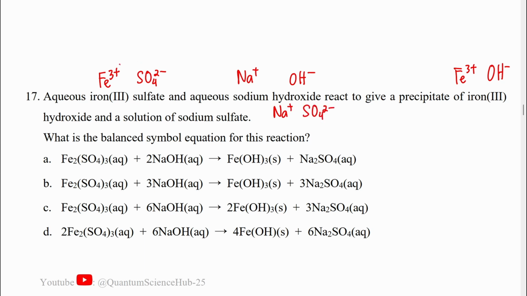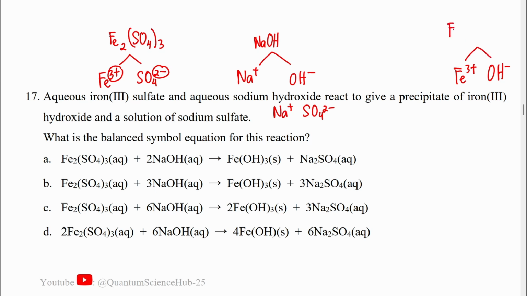So I will take yours, you will take mine. So Fe 2 times, right? You take the number in here and put it as the subscript. And SO4 altogether will take this 3 times. Next, NaOH. So it's just NaOH. Now, Fe3+ and OH-.